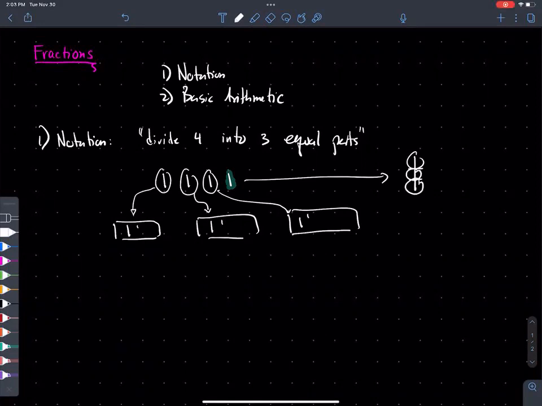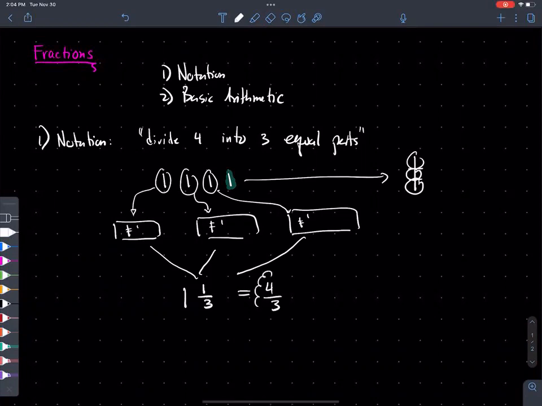So when dividing 4 into 3 equal parts, each of these terms has an integer, and then there was one left over which you still have to divide into 3 equal parts. Alternatively, you could think of each of these as being subdivided into 3 equal parts, and if you do that, you see that each of these has 4/3.